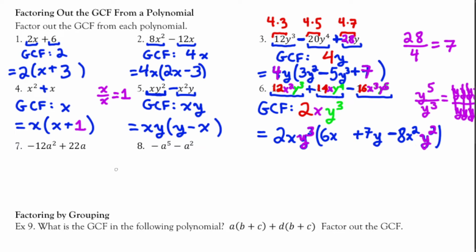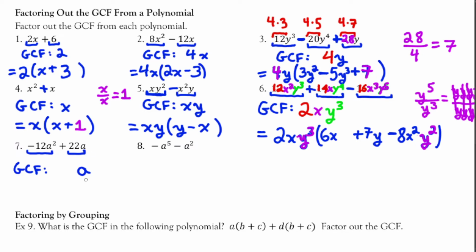Let's look at 7 and 8. In number 7, I have 2 terms. I again look for the greatest common factor. Both terms have a in them, and they don't share a squared. The first term has a squared, but the second term does not have a squared. So the biggest thing they all have in common is just an a.